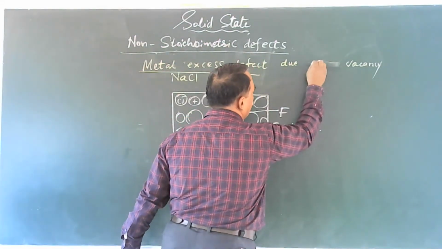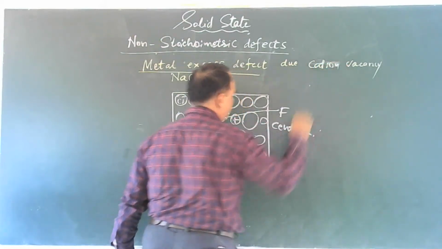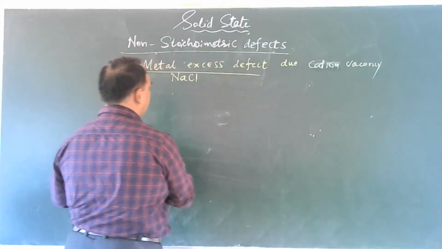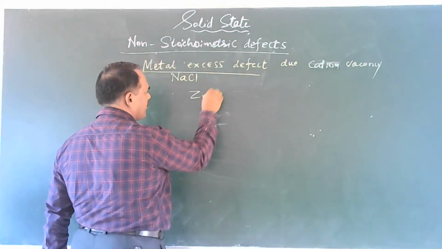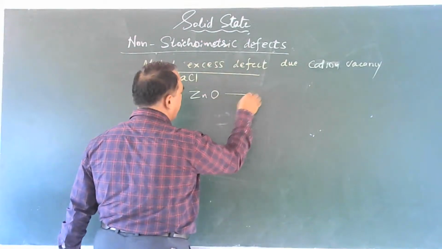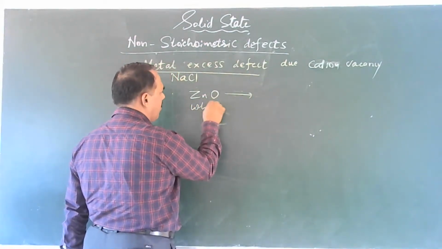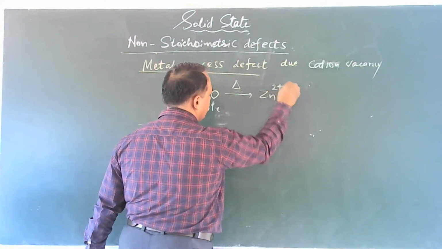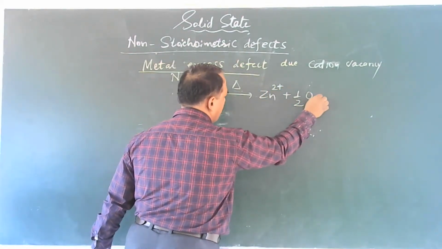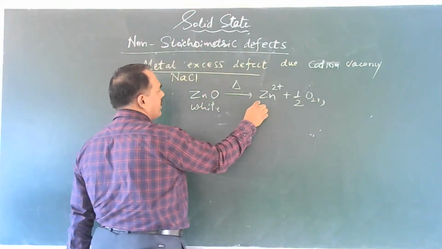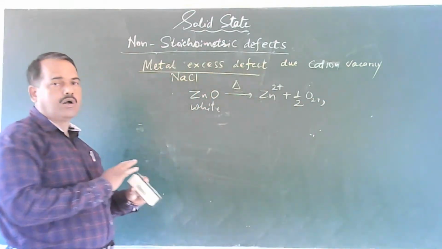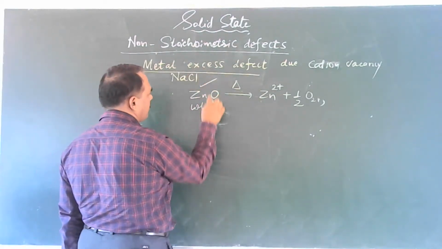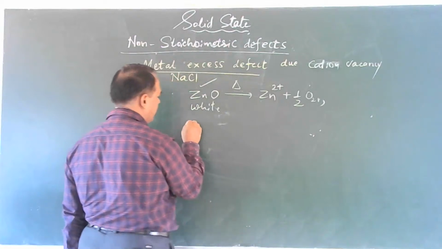If suppose metal excess is due to cationic vacancy, we can find it in zinc oxide. On heating, the white zinc oxide gives Zn2+ and half O2, and color is imparted. The color changes to yellow. So this is nothing but the metal excess defect due to cationic vacancy.